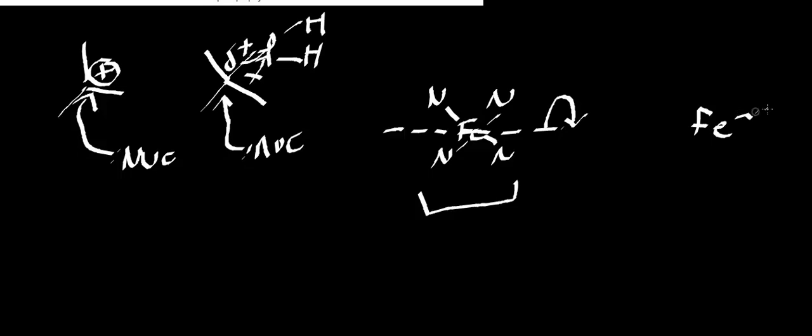Now you're looking at it flat, right? So if you look at it from the side, these 2 nitrogens right here would be next to each other because the ring's planar. The whole ring's flat, right?